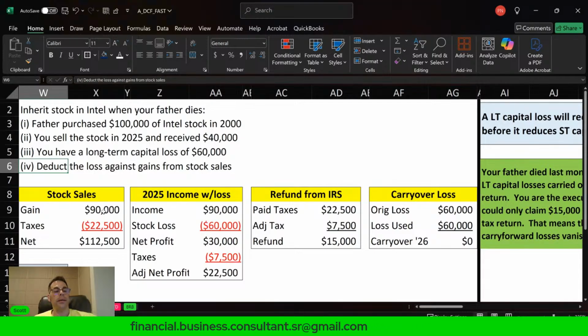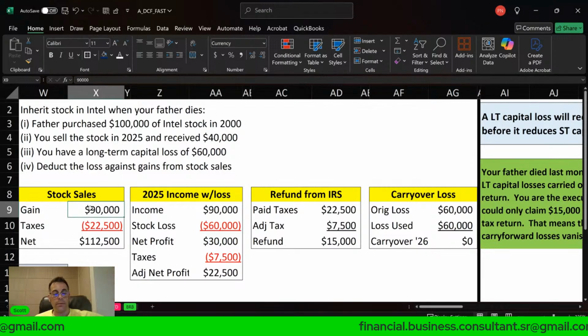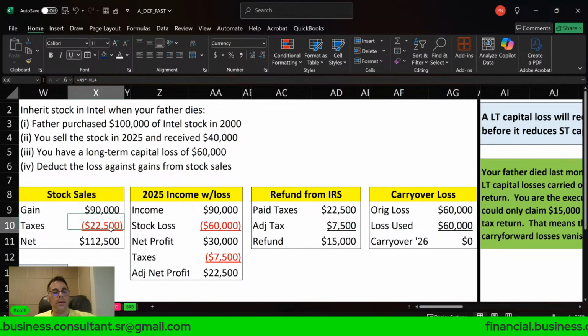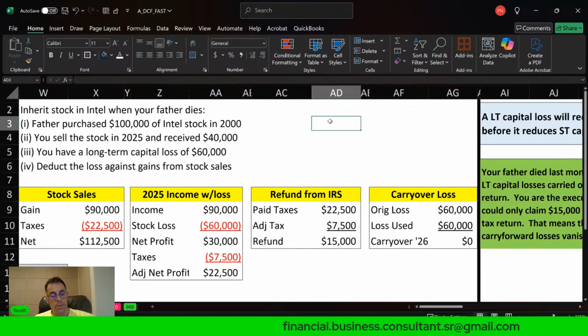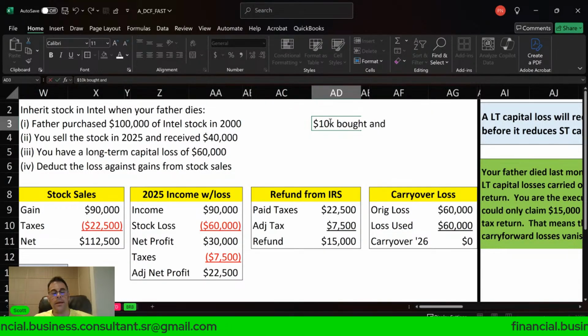Let's just say you had a stock sale in 2025. You sold NVIDIA or whatever stock, and you had a gain of $90,000. So, say you bought 10K of NVIDIA, and you sold for 100K.